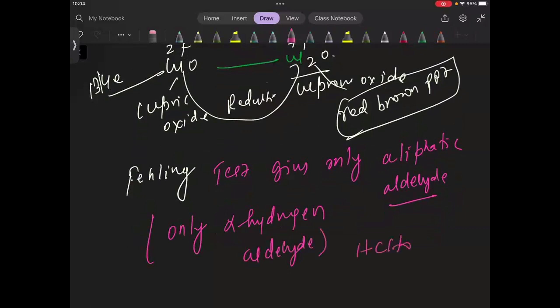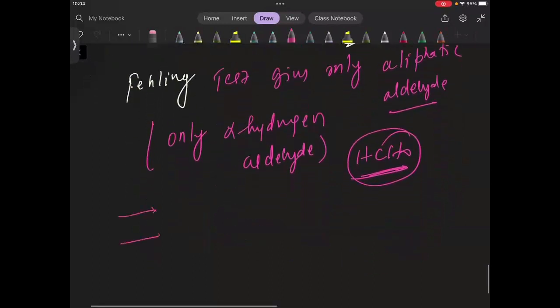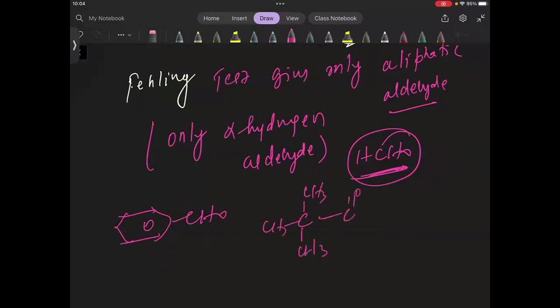It is exceptional here. Formaldehyde does not contain the alpha hydrogen. Despite that, it will give the Fehling test because formaldehyde is more reactive. But students, you can see here, benzaldehyde or pivaldehyde, this is a common name. These compounds will not give the Fehling test because no alpha hydrogen is there.